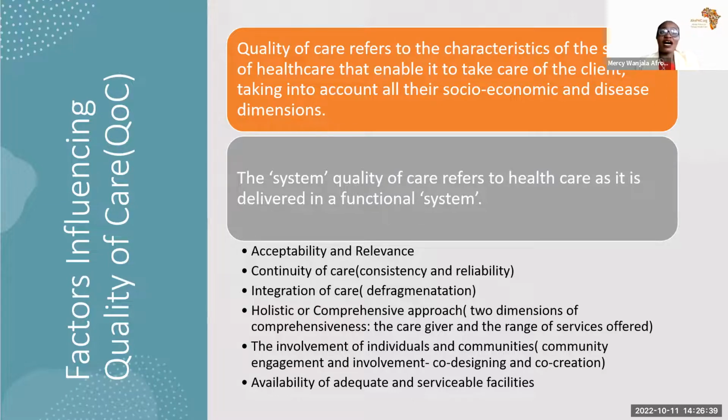Then sometimes you have adequate facilities, but for instance, when you have a dispensary with 1 nurse, that is not adequate and it is not serviceable. So those are dimensions we have to think about in terms of how we are setting up our healthcare facilities, especially primary healthcare facilities, because if we do not set it up such that it is comprehensive, then you are failing.